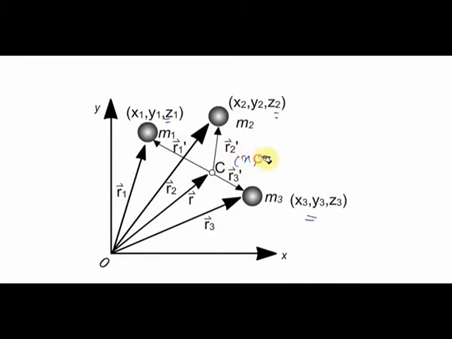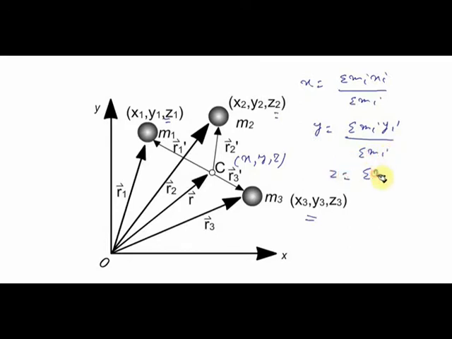Its coordinate will be x, y, z, where x is equal to sigma mi xi by sigma mi, y is equal to sigma mi yi by sigma mi, and z is equal to sigma mi zi by sigma mi. So given the coordinates of different particles in a system of particles, we can find the coordinate of its center of mass.